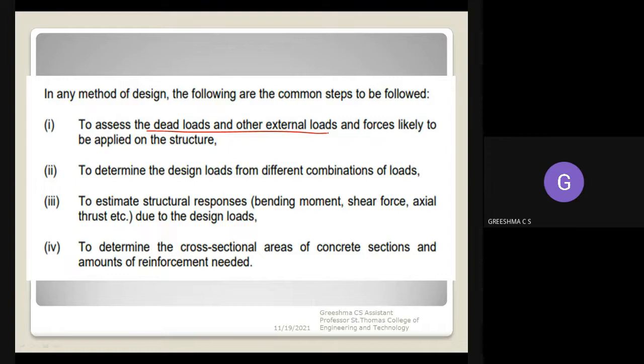That load you have to calculate, so that is called as externally applied load. That means all the moving loads, even including us. People are coming and going inside. So that moving load is called as externally applied load. It is also called as live load, or you can say imposed load or superimposed load.